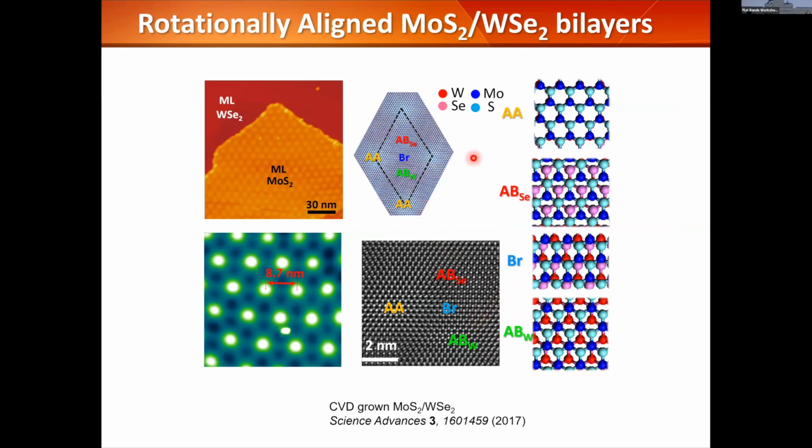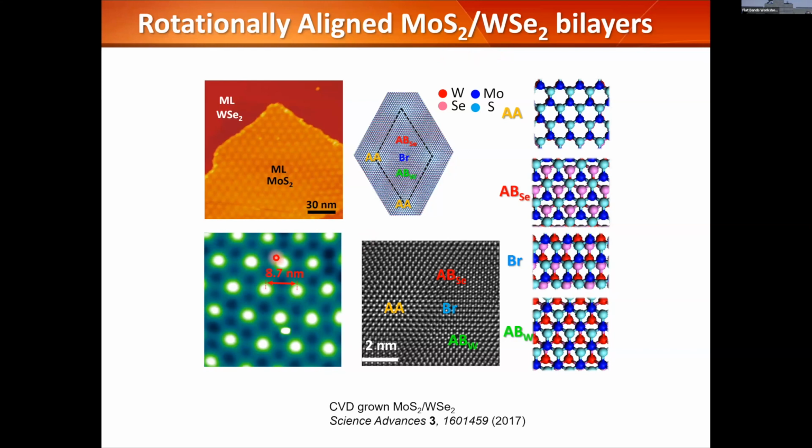He studied some CVD-grown TMD bilayer to begin with. These materials, as they're grown in the chamber, tend to be aligned in the crystal axes. But because of the lattice mismatch in this particular combination of TMD that his group studied, you have these moiré superlattices.